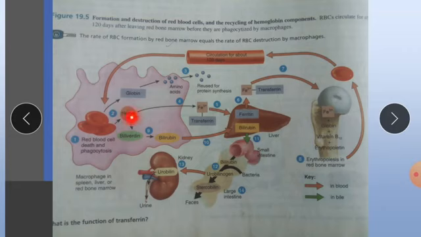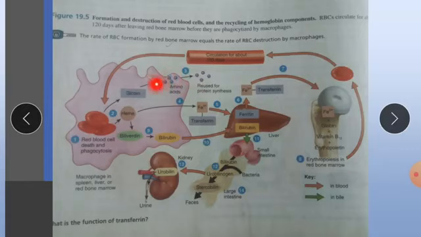The heme part will be separated, and at the same time the globin part, which is the protein part, the alpha and beta globins, the two peptides of alpha and beta globins, can be removed easily and broken down into amino acids.